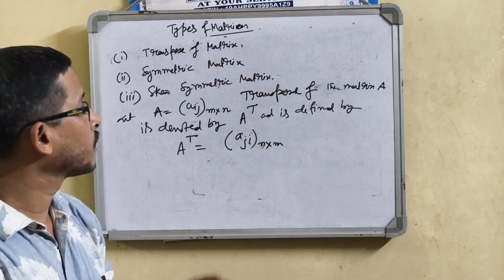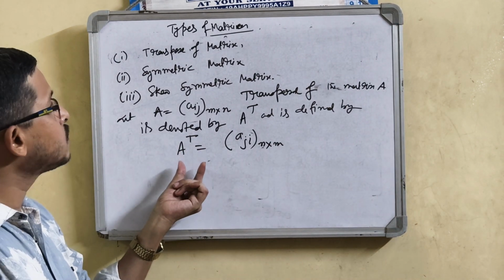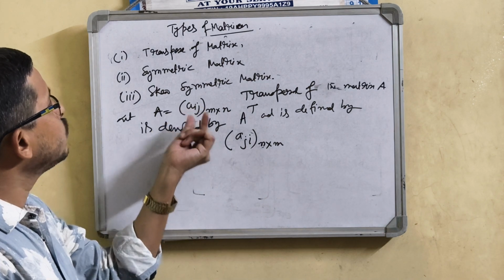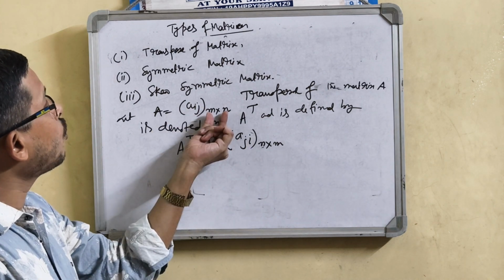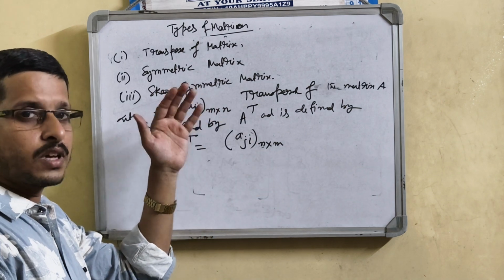What does it mean? Aij becomes Aji, and the row and column order of the matrix will be the reverse of the given matrix.